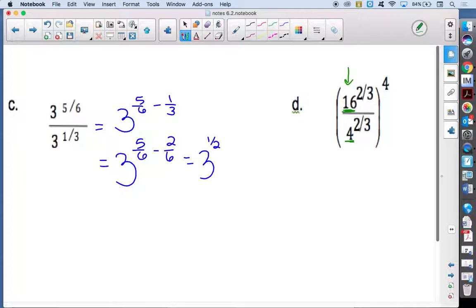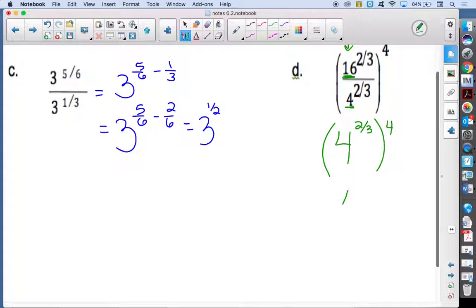So you can divide 16 by 4, and Ethan, 16 divided by 4 is 4. It still has the power of 2/3. And then we have a 4 outside. So you can still do that, it's still the same property. So Ethan, when you multiply 4 times 2/3, what does that give you? 8/3. Right, so we have 4 to the 8/3.